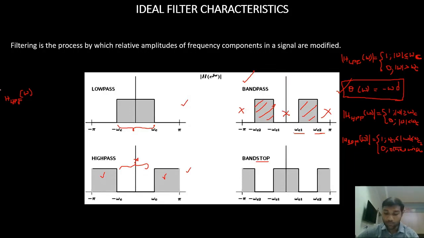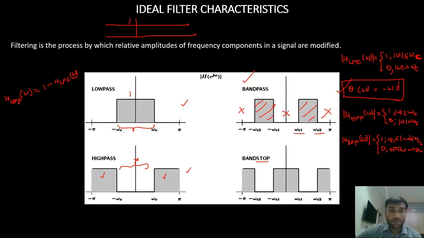It is equal to 1 minus H LPF of omega, right? If I subtract the low pass filter characteristics from a constant function of 1.